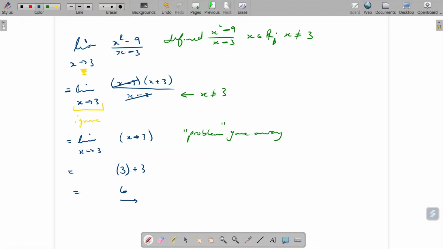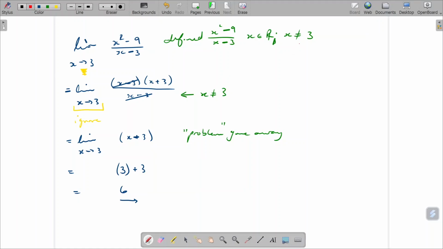Now, what I want you to notice is that I operated in two stages. In stage 1, I had a problem. Okay, there was a problem. In this case, the problem was that we had a denominator, and if we had an undefined value, and so the problem that we had here was we dealt with it.